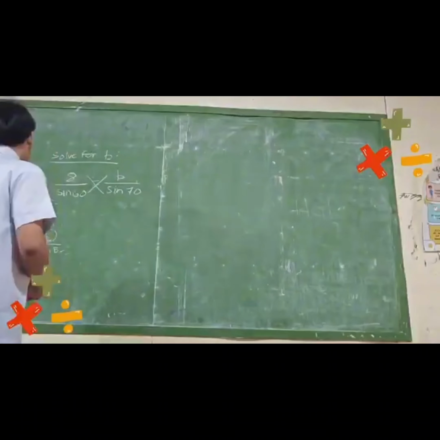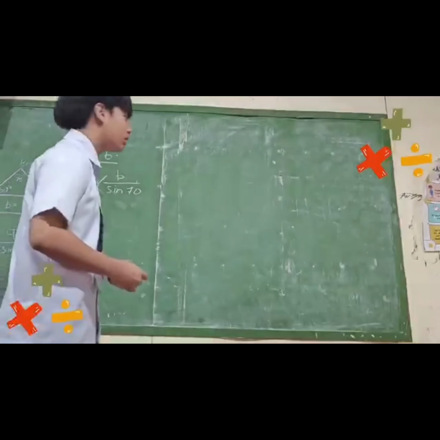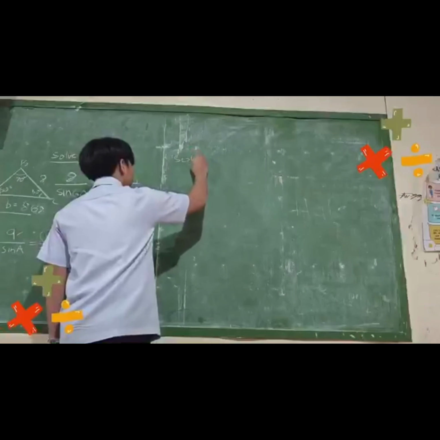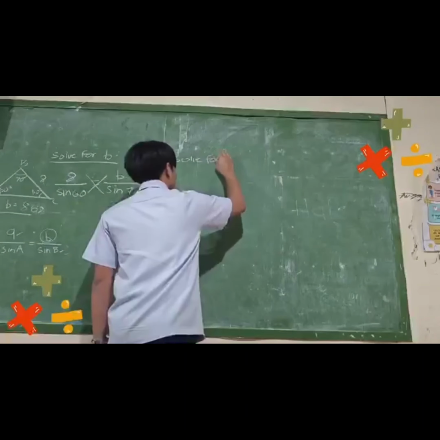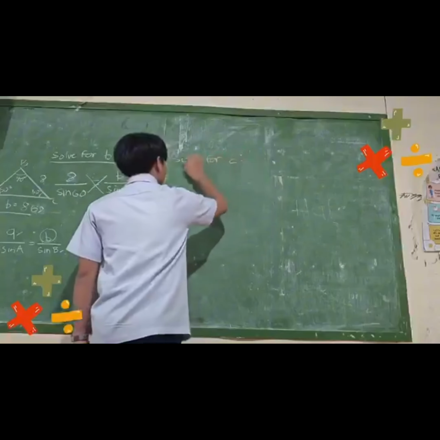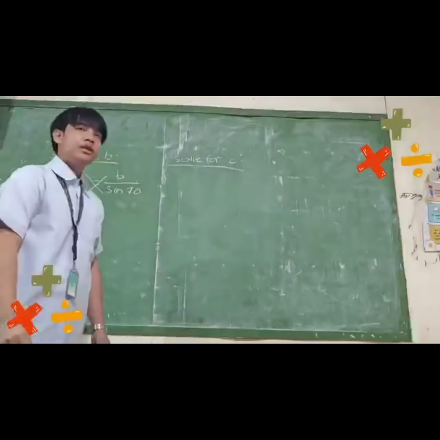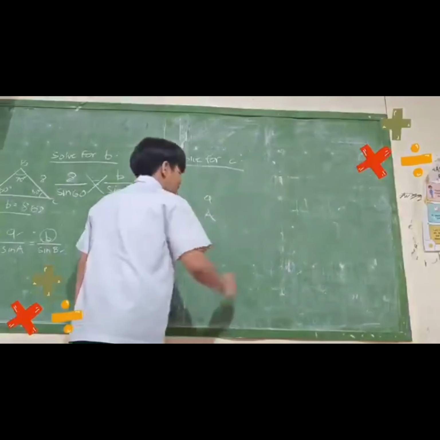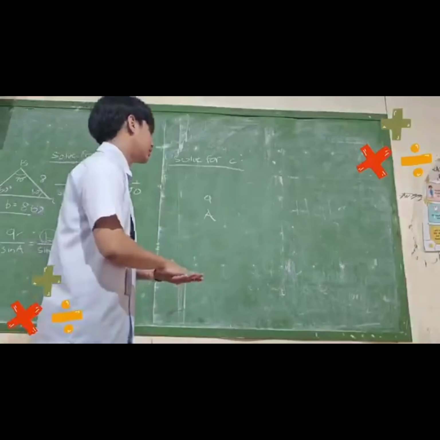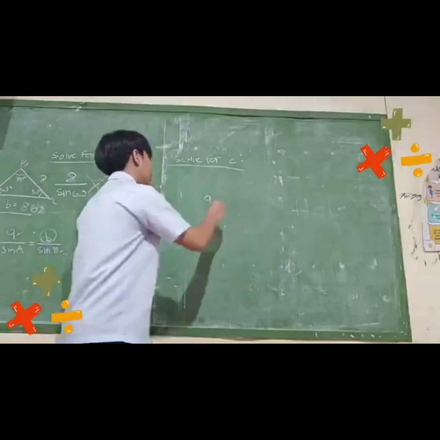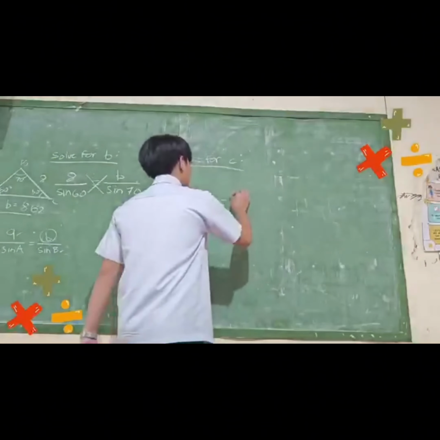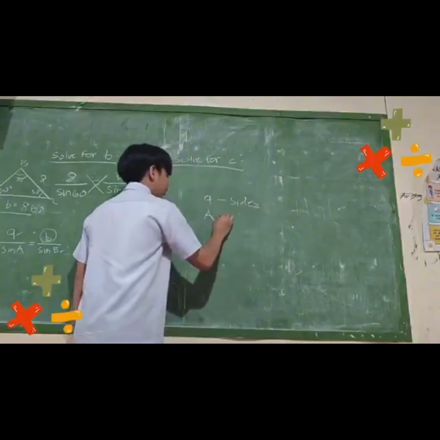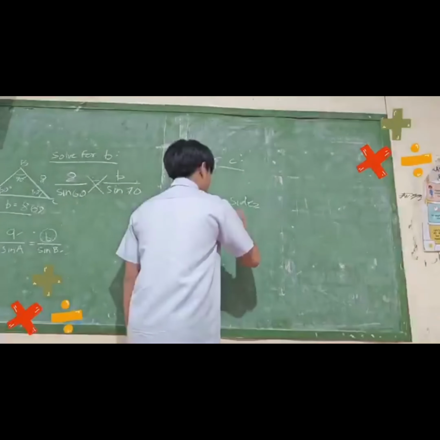So, in this last part, we're going to solve for the length of C. Make sure you remember the difference between lowercase and uppercase letters in the law of sines, which is very important, because the lowercase letters represent the sides and the uppercase letters represent angles.